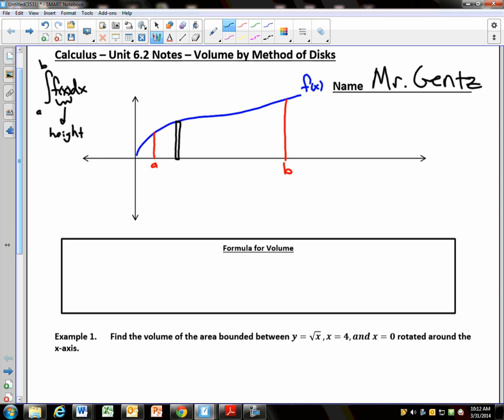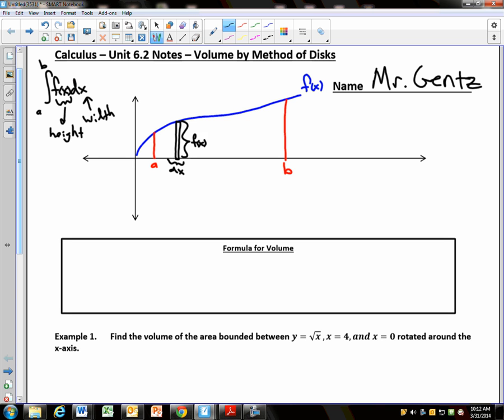So this part right here is f of x. What about this part right there? Yeah, dx. That's your width. So all we do is we take that area of the rectangle and we do it an infinite number of times.